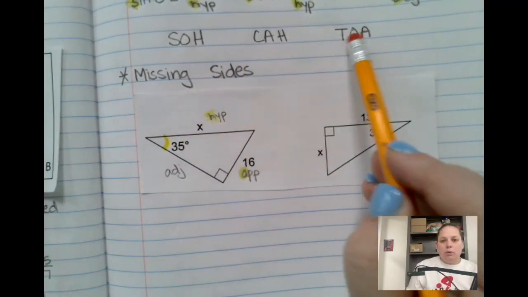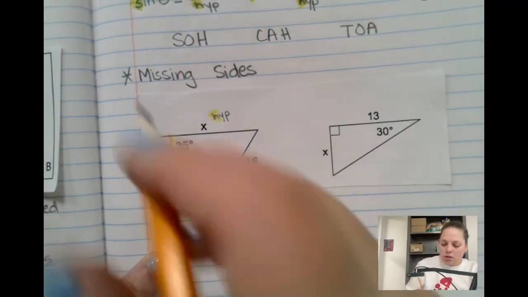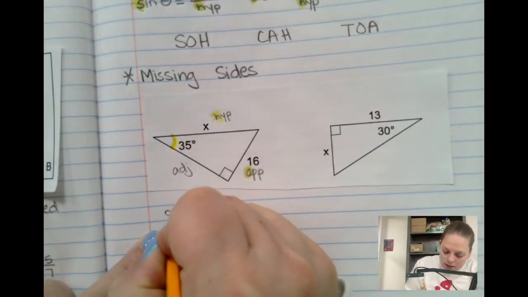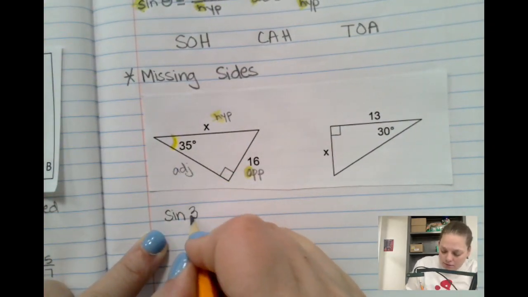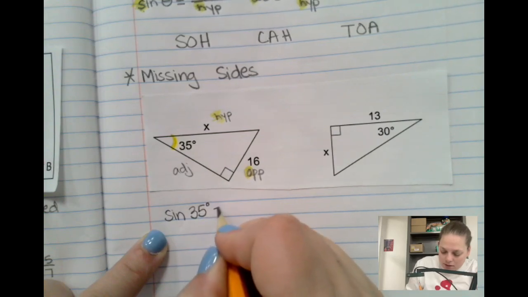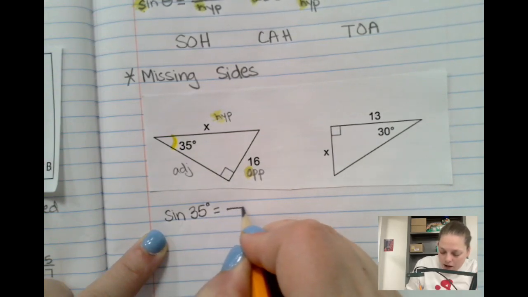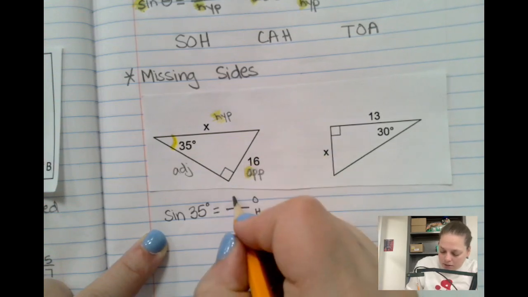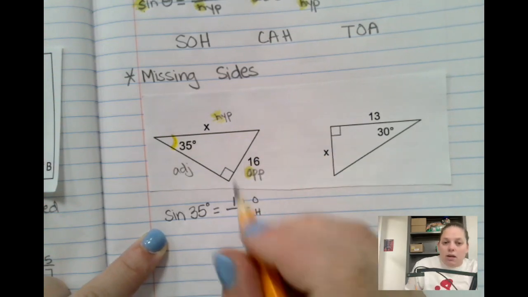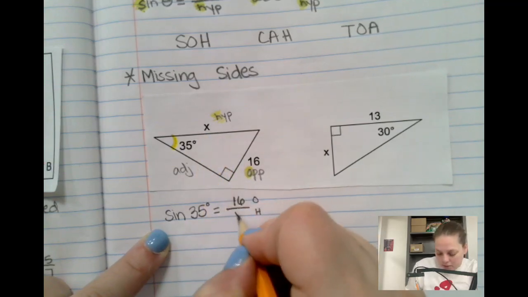That's the only one with both an O and an H. So we'll say sine, and then the angle, 35 degrees, equals opposite over hypotenuse. Our opposite is 16, and our hypotenuse is x.